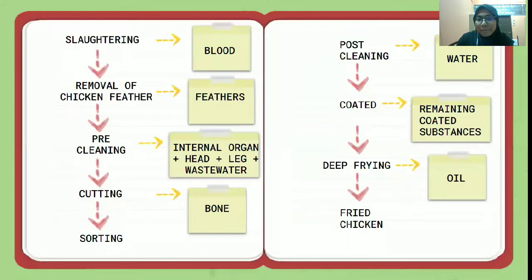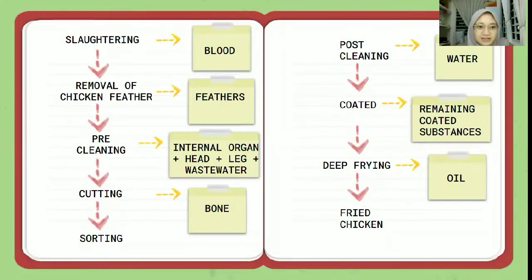So the flowchart of this process is, firstly, we have slaughtering. The waste is blood, then comes removal of chicken feather. Obviously the waste is feather. Next is the pre-cleaning. The waste is internal organ, head, leg, and also wastewater.